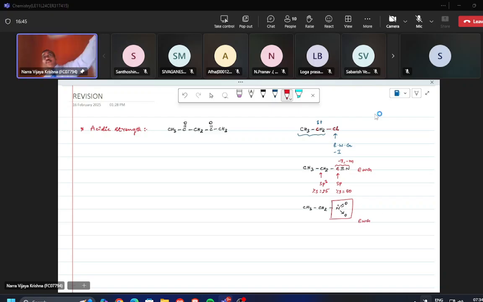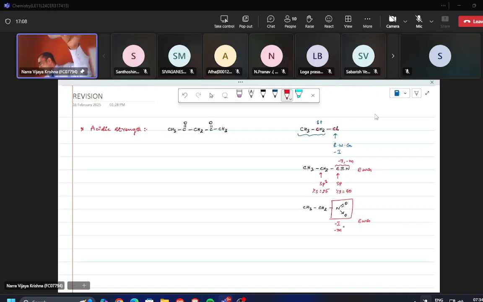So an electron withdrawing group will decrease electron density over the carbon chain. Now, is this nitrogen more electronegative than carbon or not? That means is it a minus I group or not? That atom is connected to a more electronegative atom via multiple bonds or not? So it is also a minus M group or not? So it is an electron withdrawing group, right?